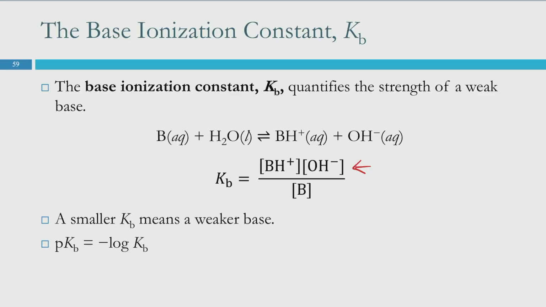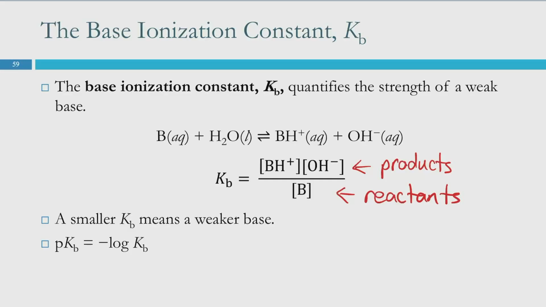We use our equilibrium equation for our base in solution. We put products over reactants, just like with all of our other equilibrium constants, and we get our Kb expression.